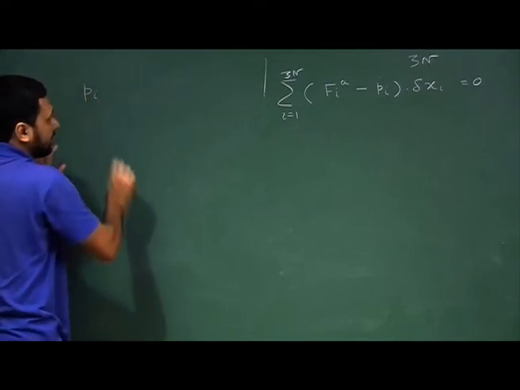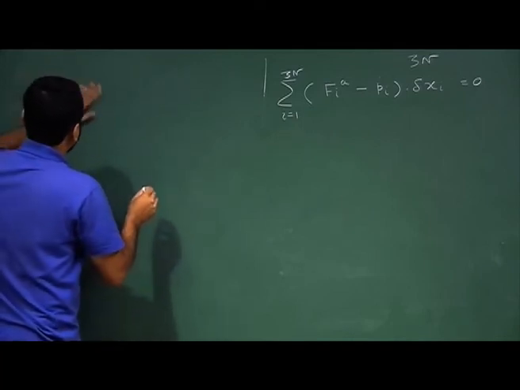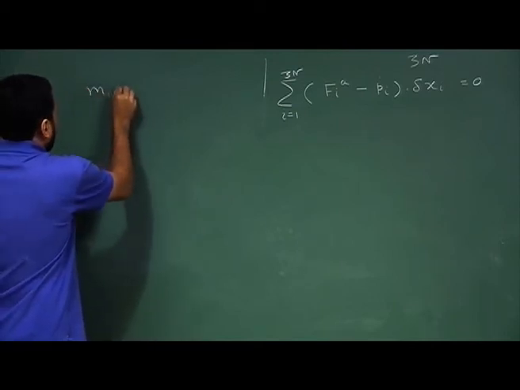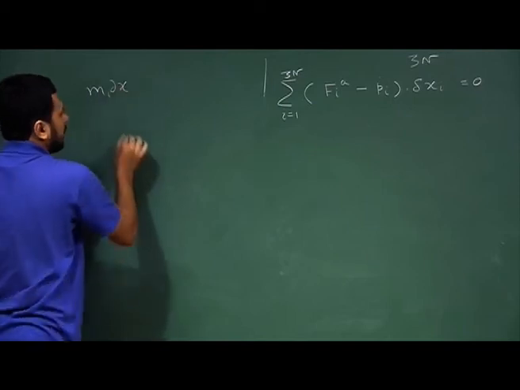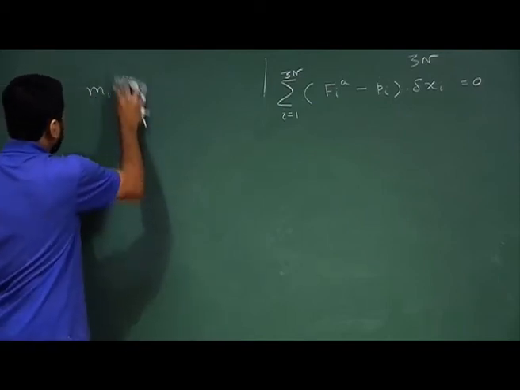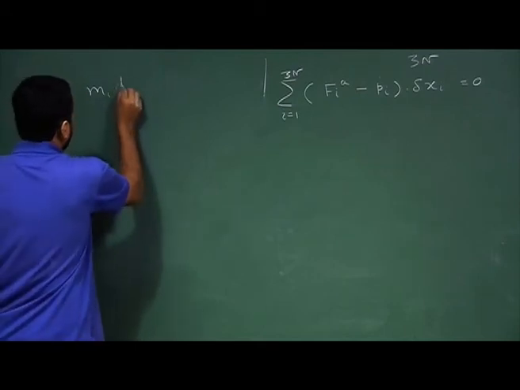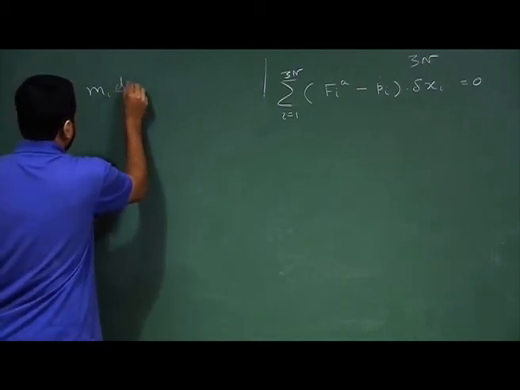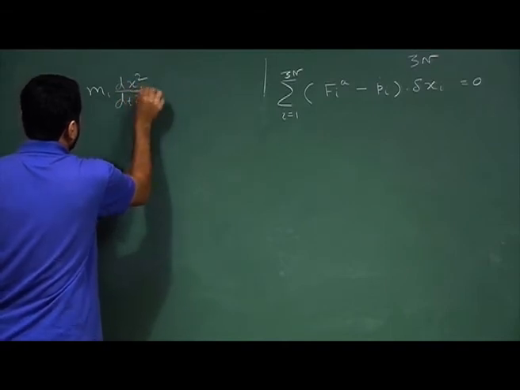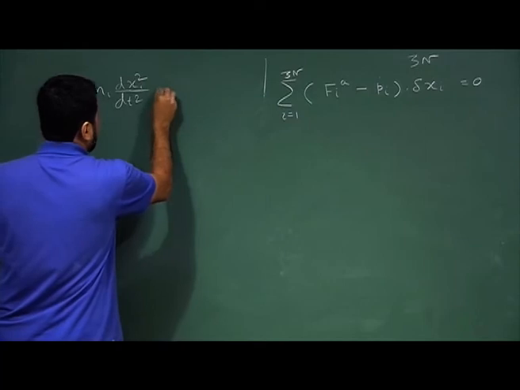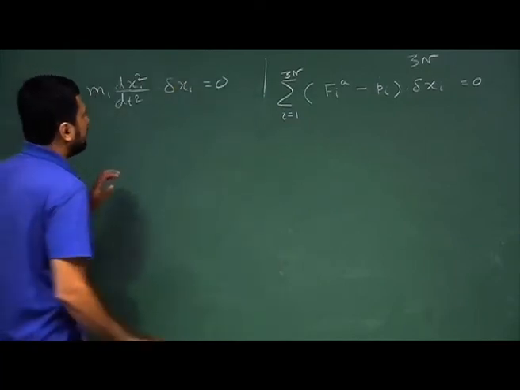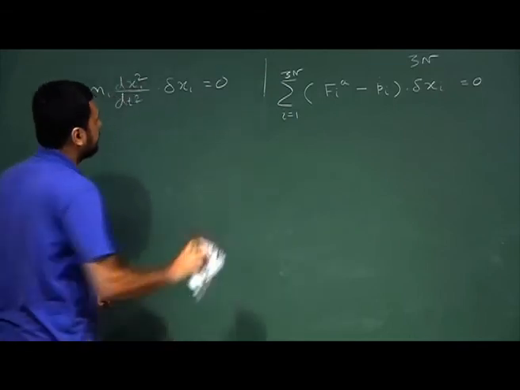Forget about the minus sign, we have mi d2xi dt2 times delta xi, with a summation over i.